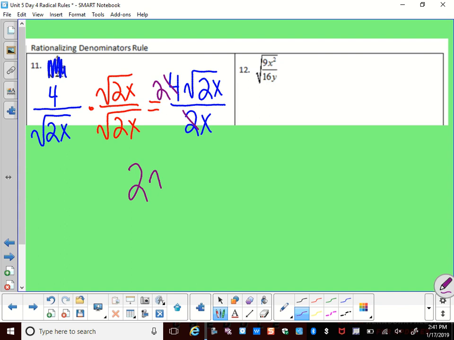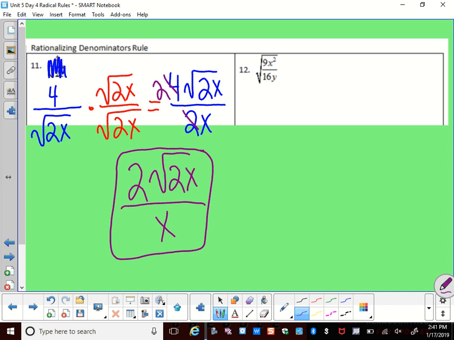So my answer will be 2 root 2x divided by x. I just simplified that 4 and that 2. I cannot simplify anything that has a radical with something that does not have a radical. So I can't cancel out these two x's because the first x is under a radical, the second one is not. If you're going to simplify, it has to be outside the radical.